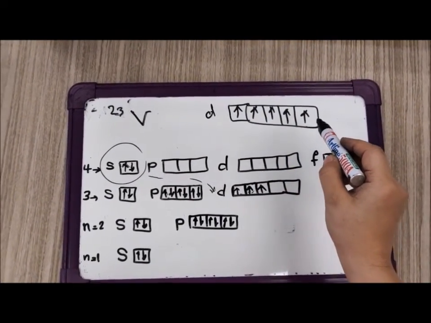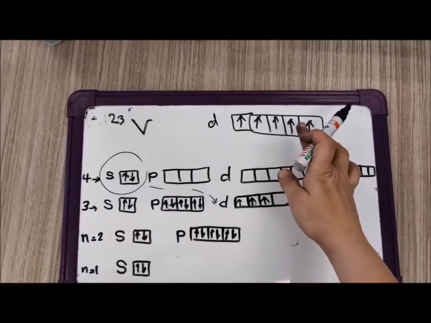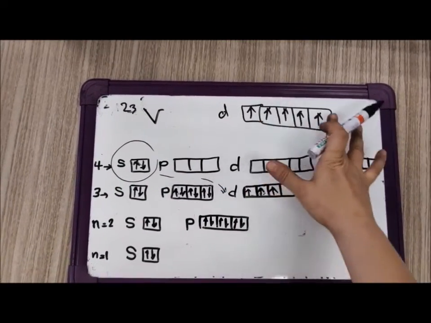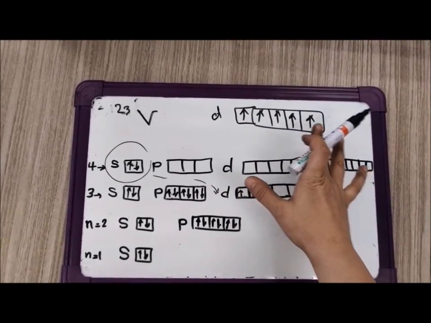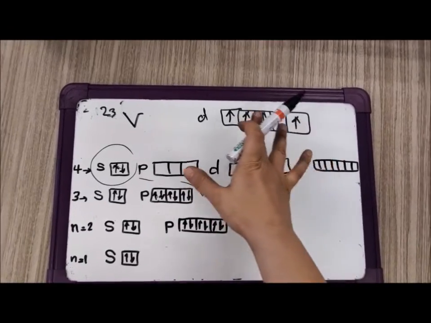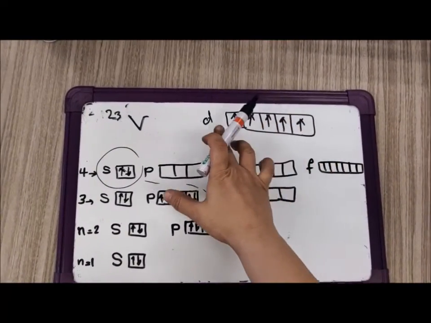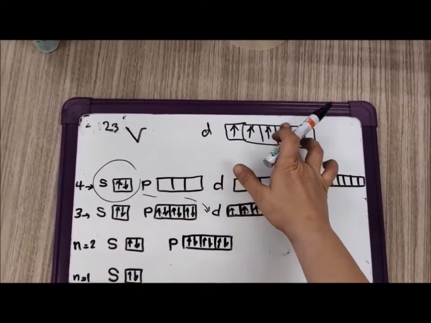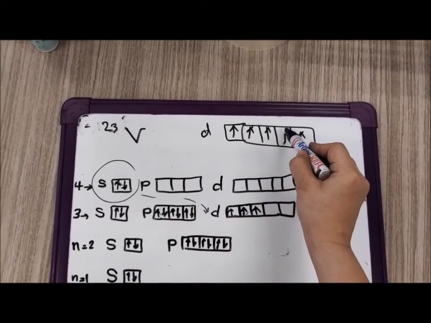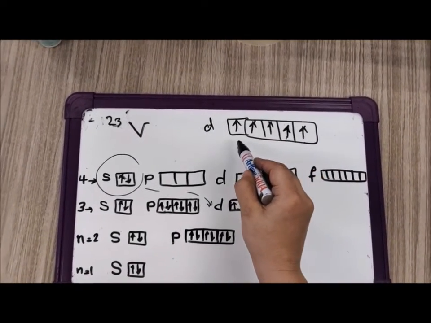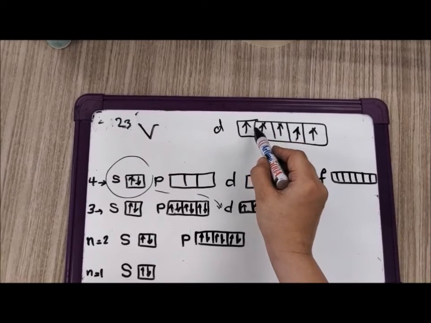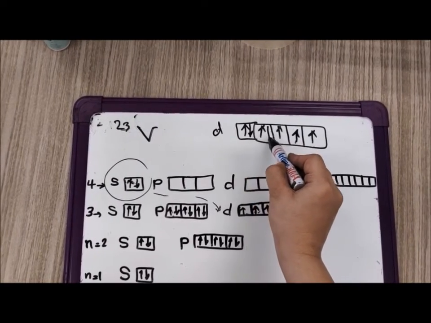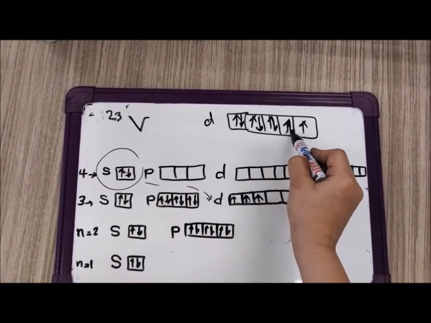First you have to make it a stable element. The diagram should be stable. So if it is half full, this is much more preferred. And also the same case happens when it is completely full.